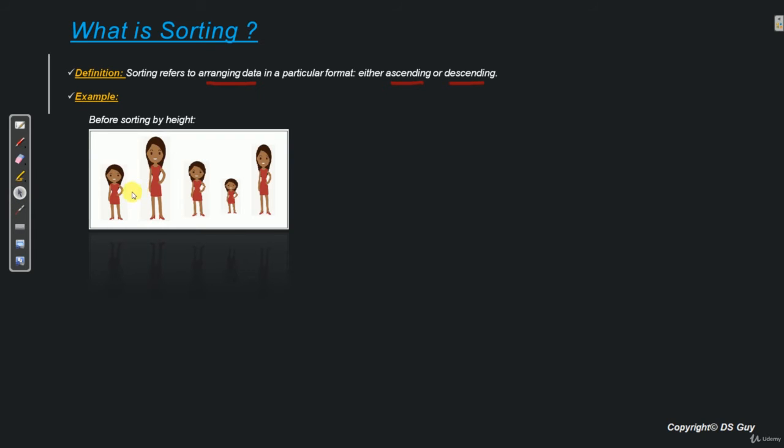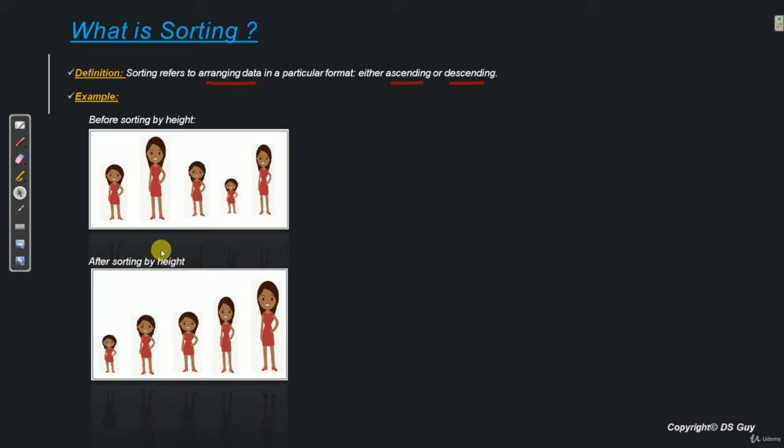So here we have 5 ladies who are standing in a row. Now as we can see, the heights of these ladies are in no particular order. That is, neither are they in ascending order nor in descending order. So now if we apply any sorting technique, this is how they will look.